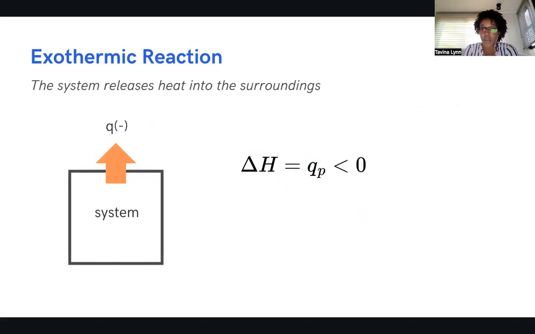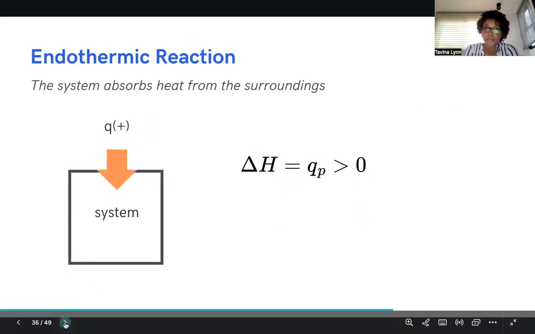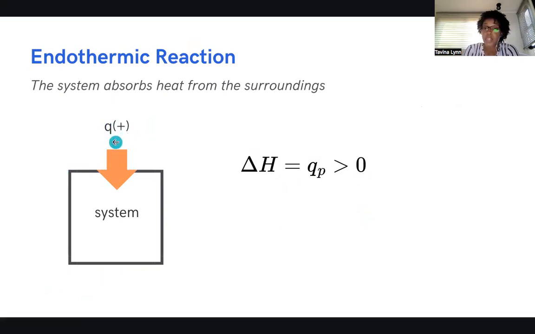An endothermic reaction means that the system is absorbing heat from the surroundings. As a result, our heat term, Q, is positive, so our change in enthalpy, delta H, is greater than zero for an endothermic reaction.